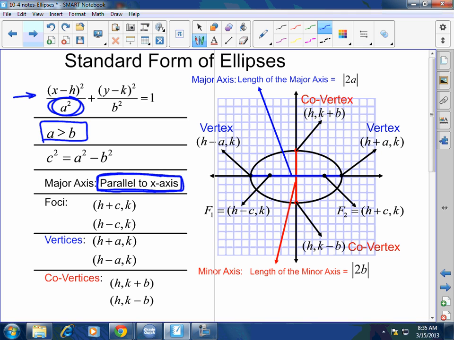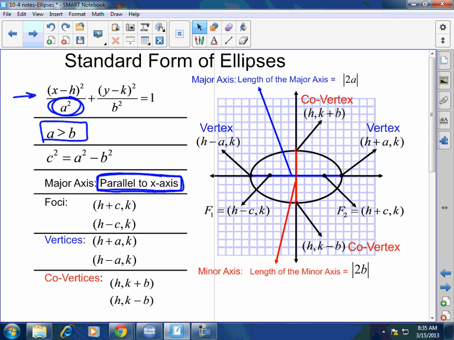You with me? If your major axis is parallel to the x-axis, your minor axis will be parallel to the y-axis. That's what's in red, okay? The minor axis is in red, gentlemen, and the major axis is in blue. Is everyone with me so far? So when I have a larger value under the x squared, the major axis is parallel to the x-axis.